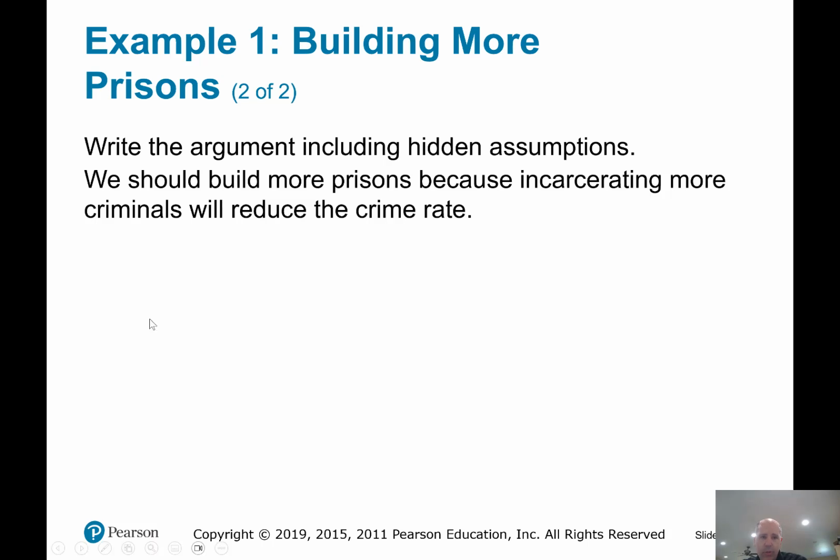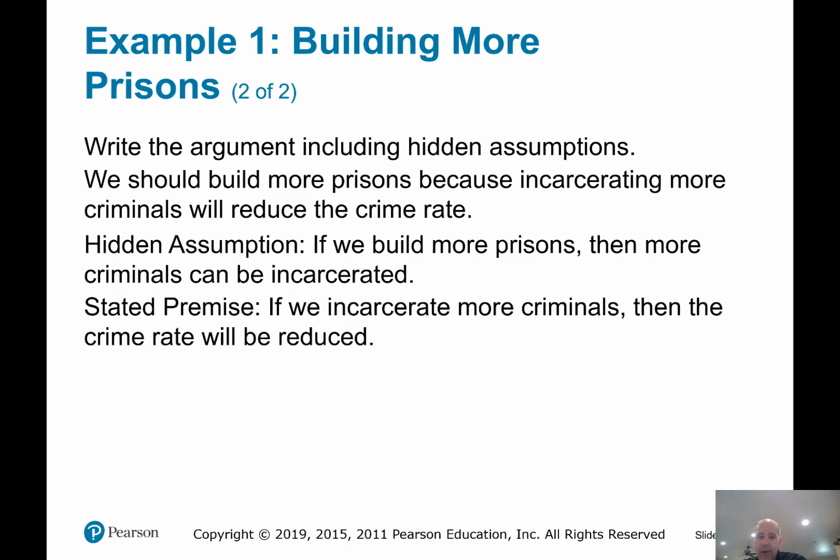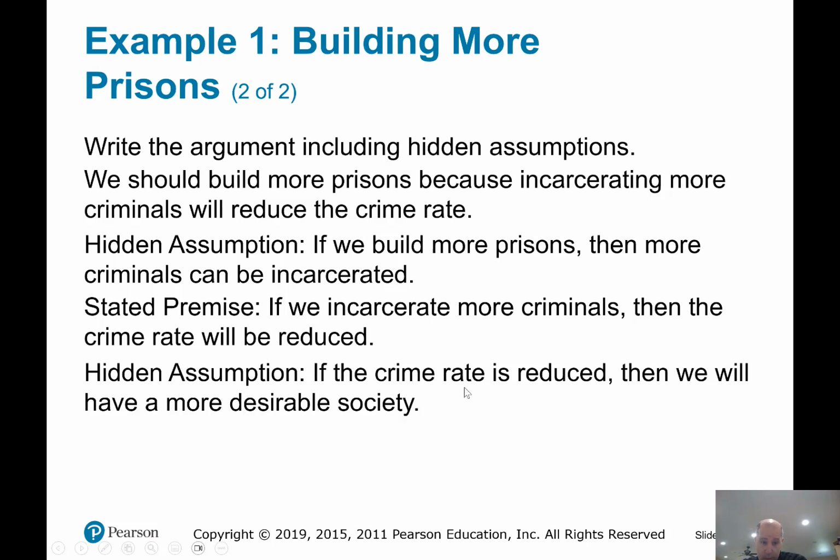Okay, so it says we should build more prisons because incarcerating more people will reduce the crime rate. How can we fill this in a little bit? So one hidden assumption is, they're assuming that if we build more prisons, then more criminals can be incarcerated, right? And if more criminals are incarcerated, then what will that lead to? Well, crime rate being reduced. And what happens if the crime rate is reduced?